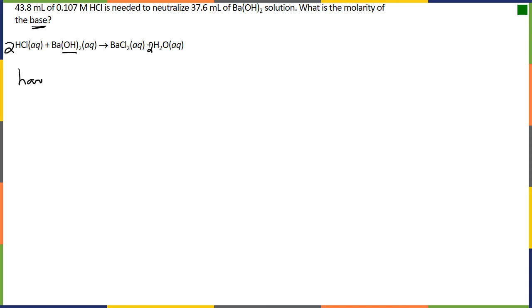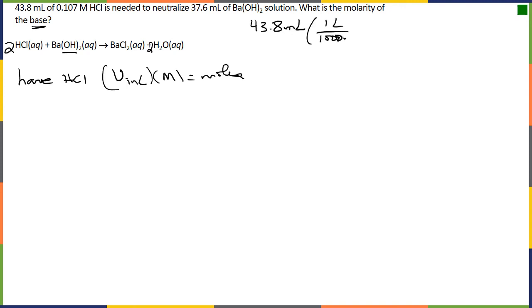Well, I have HCl. I know that volume in liters multiplied by my molarity is moles. And I can convert this because if I have 43.8 milliliters, there's 1 liter for every 1,000 mL. And that's going to give us 0.0438 liters.